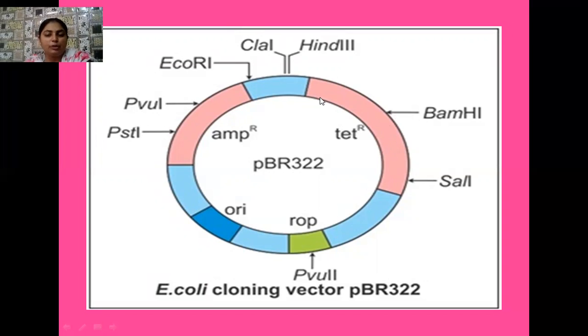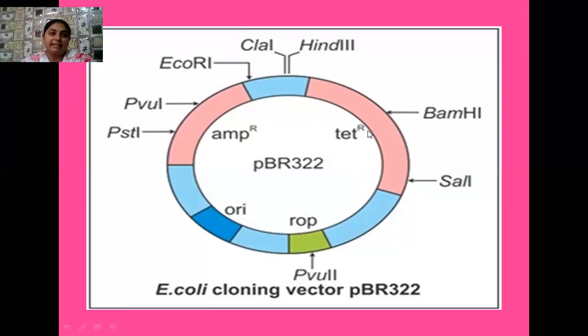But now, when we put an insert over it, that insert is related to some other antibiotic resistance gene. This means the earlier property of the tetracycline resistance gene has now ended. And when we allow these transformants to grow over tetracycline, they do not have the tetracycline resistance gene.